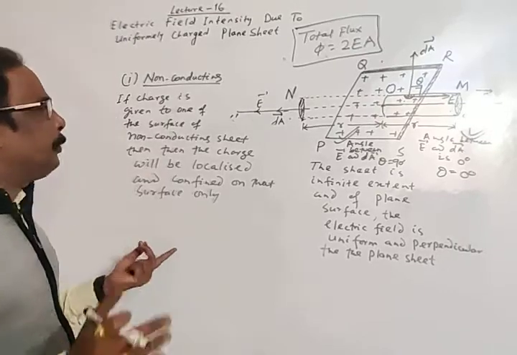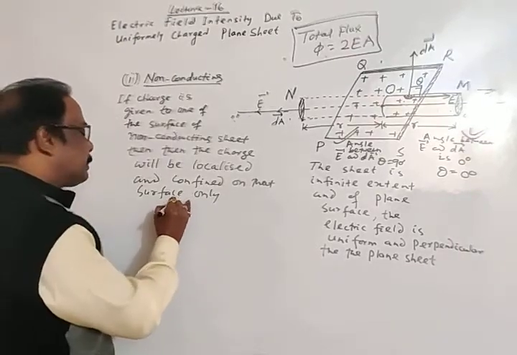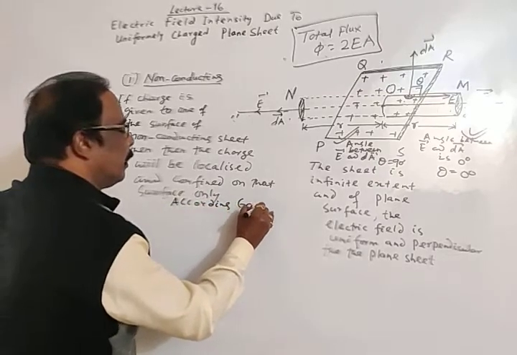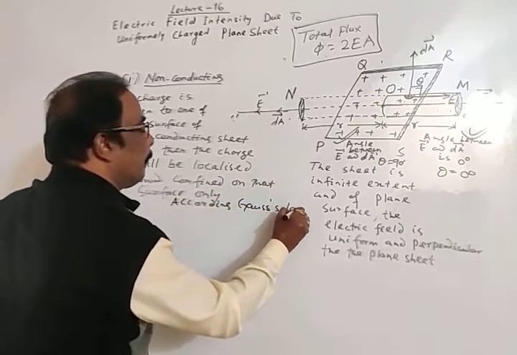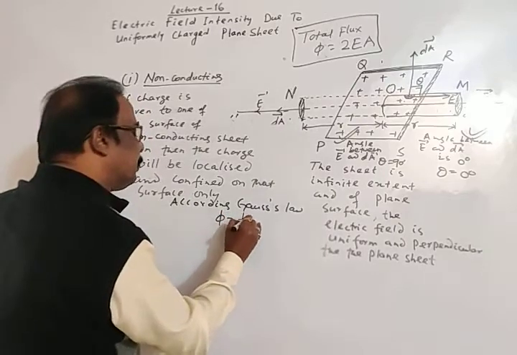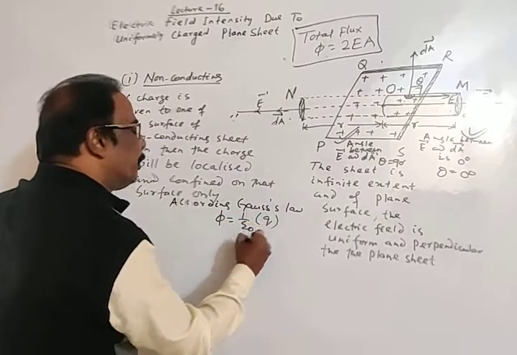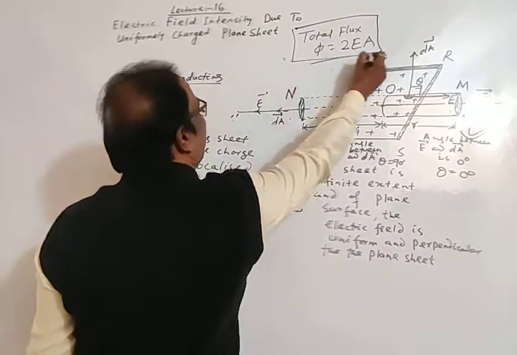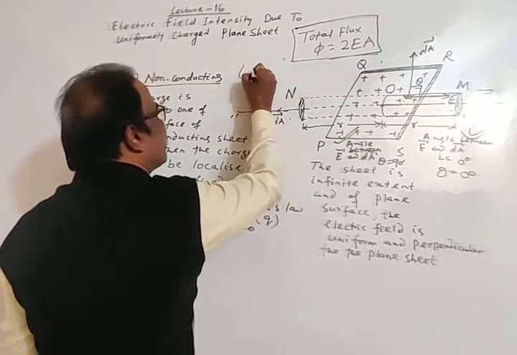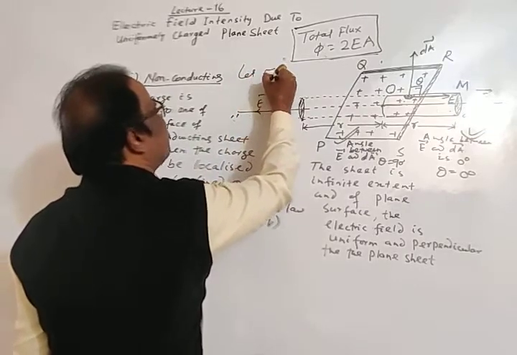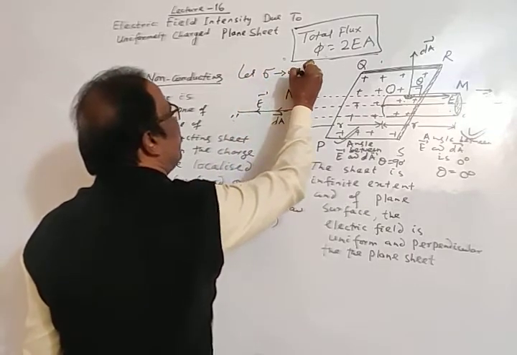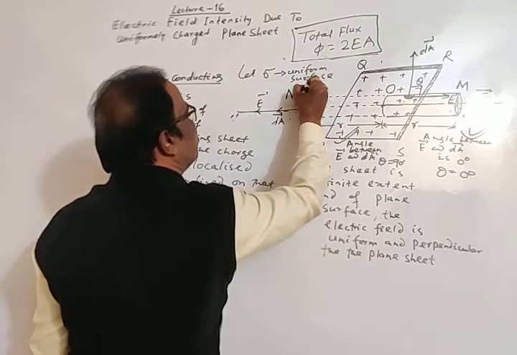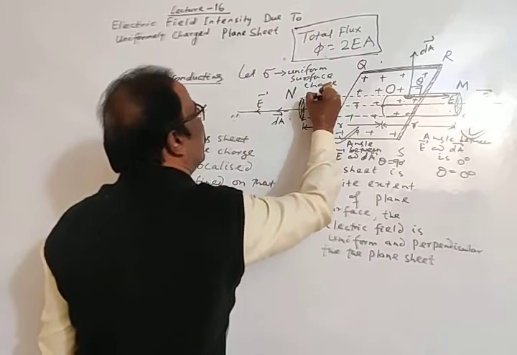Then, as we know, according to Gauss, flux is 1 by epsilon naught times the charge enclosed. This is the formula for total flux. Let sigma be the uniform surface charge density.